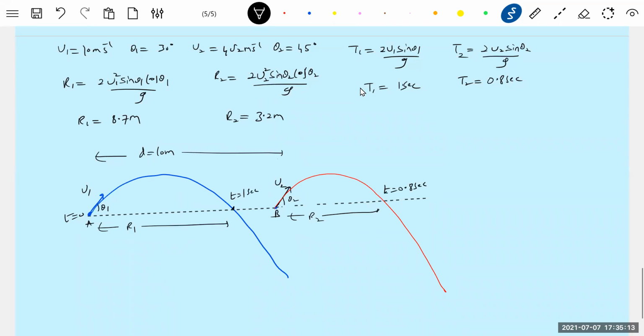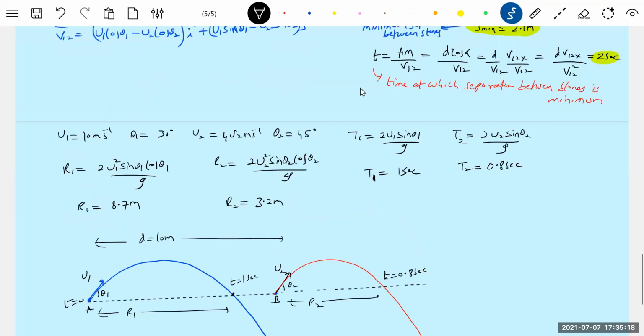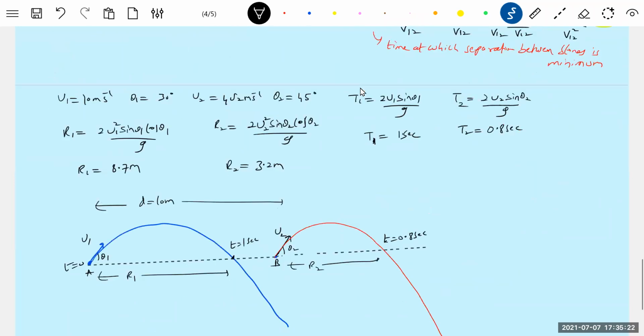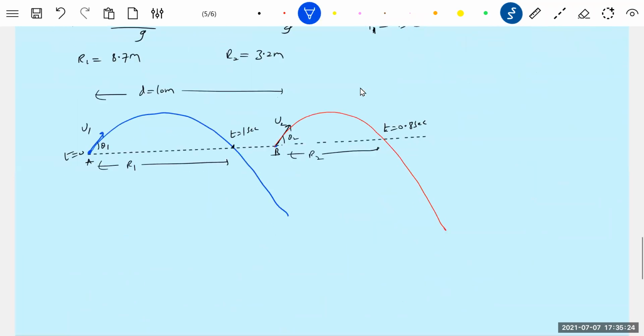Now, what is the time at which the separation has become minimum? I think 2 seconds. 2 seconds means somewhere during their path. The minimum separation will occur somewhere here. I think it is 2 seconds.